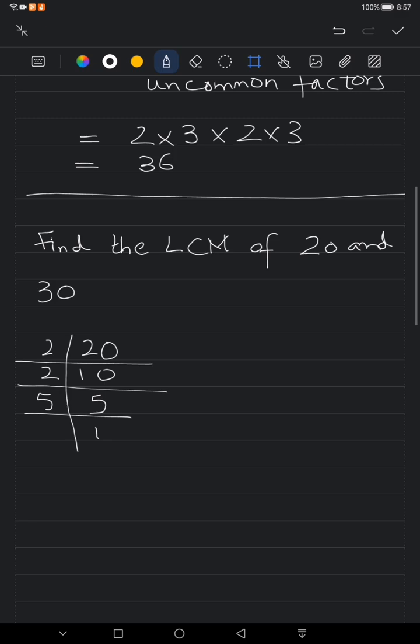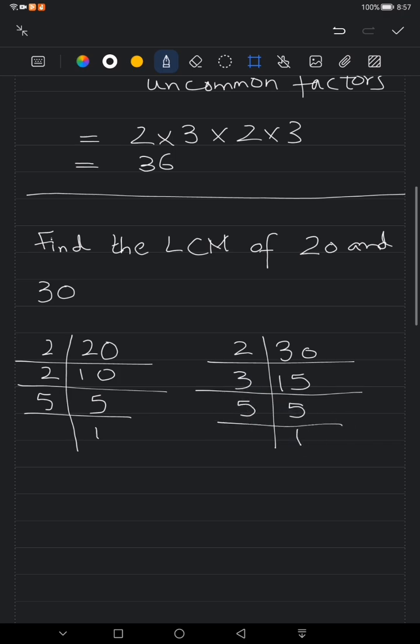And we will get the remainder 1. And for 30 I'm going to divide it by 2 because it is even. 2 times 15. 15 is odd, so 3 times 5, and 5 itself is a prime number. Let's write them as product of prime factors.